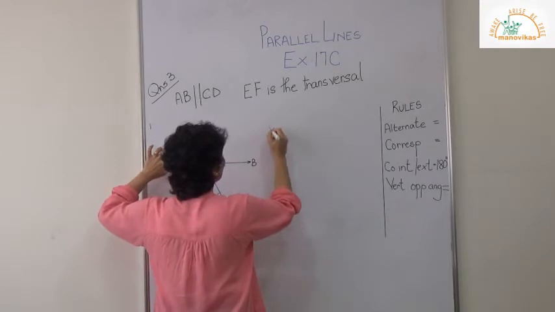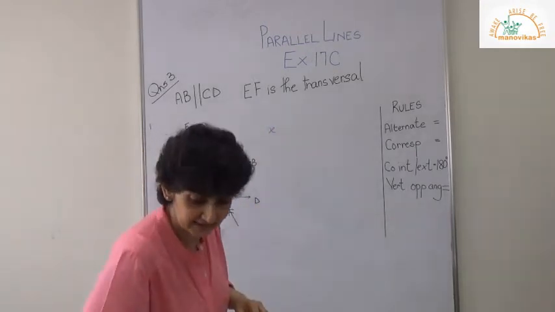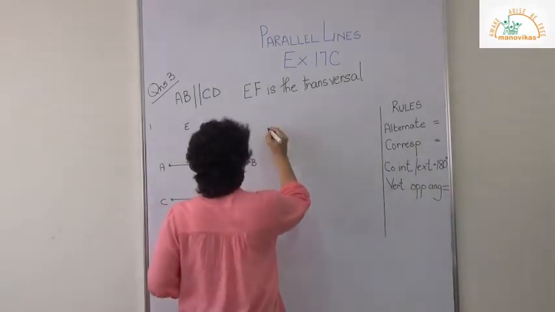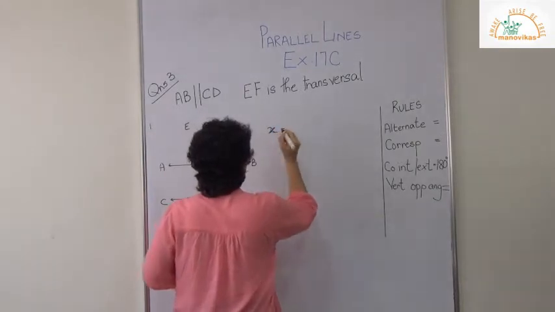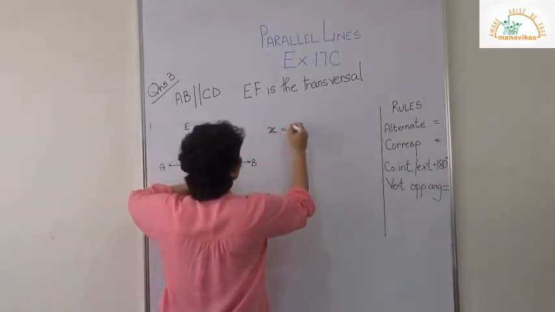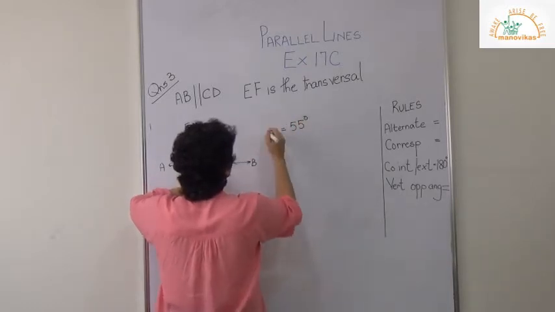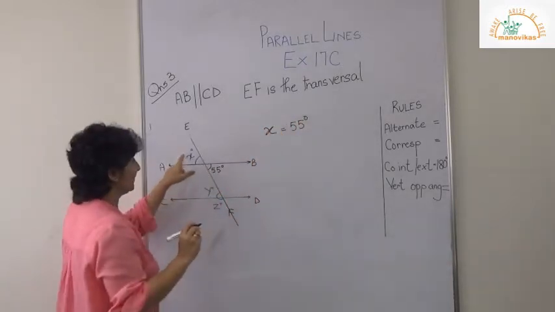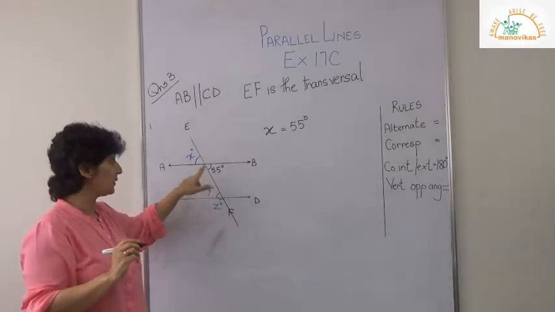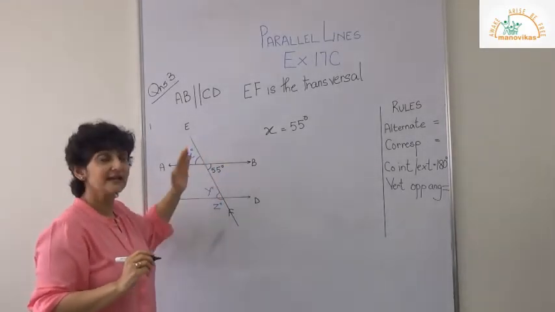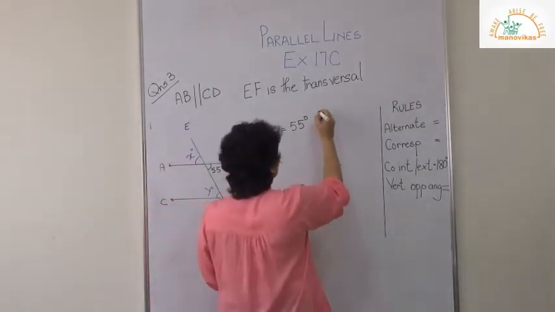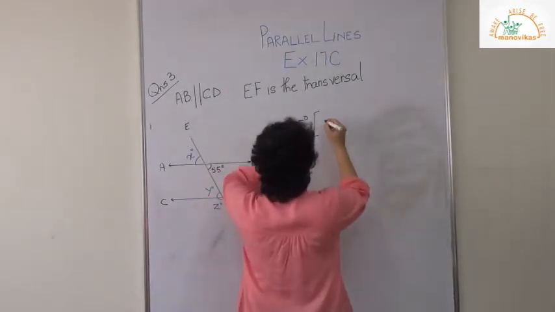Now, if I take, children, X degrees, X is equal to 55 degrees. What is the reason, children, I will give? Vertically opposite angles are equal, correct?